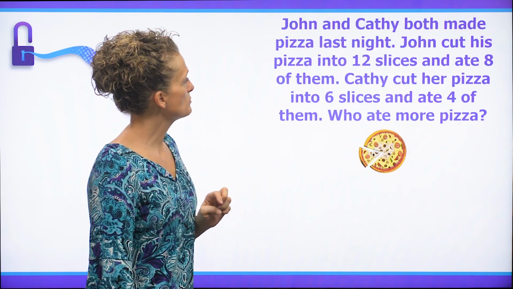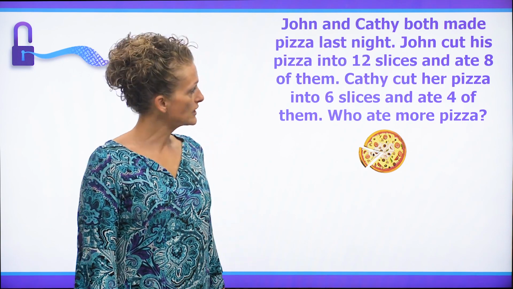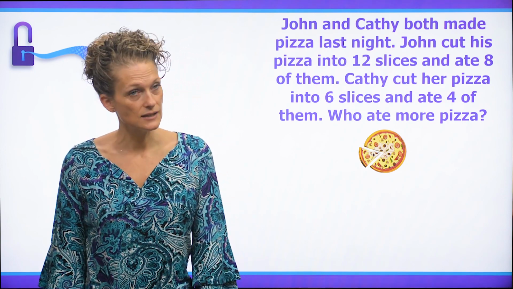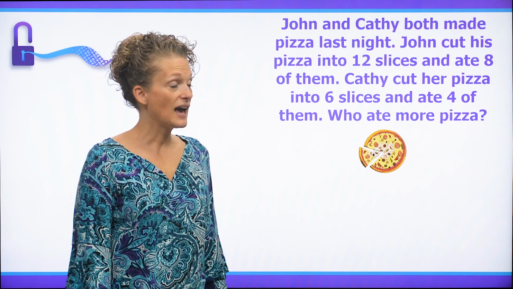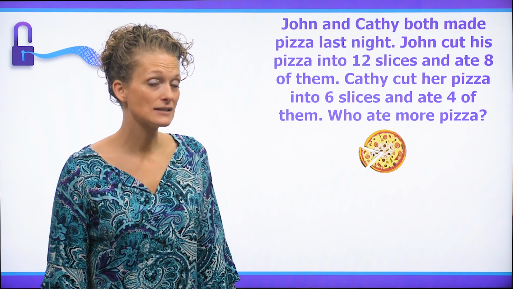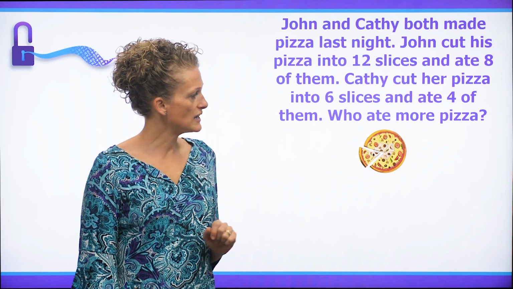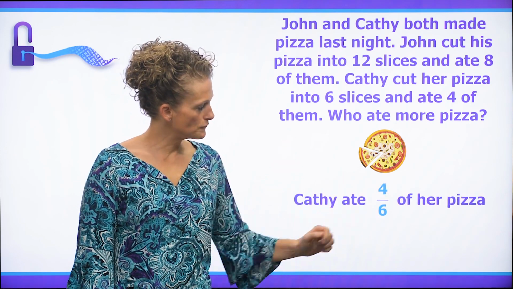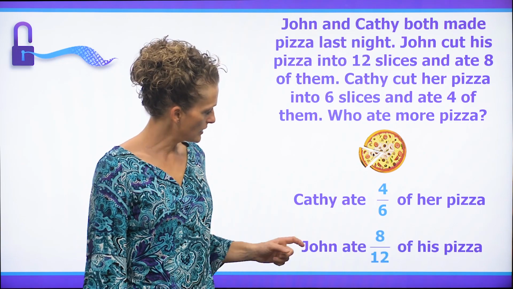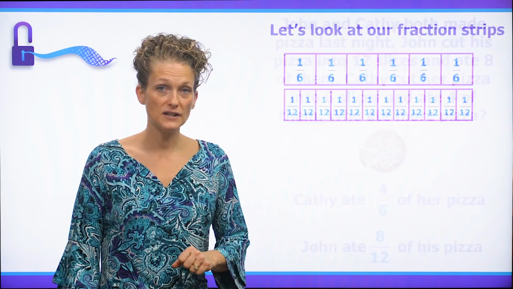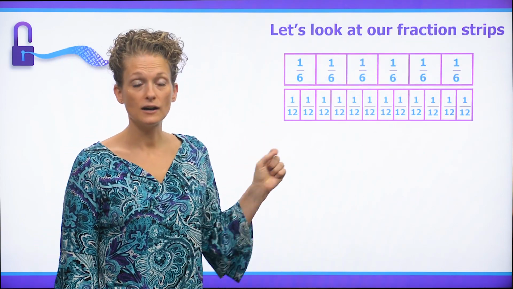Now, John and Kathy both made pizza last night. John cut his pizza into 12 slices and ate 8 of them. Kathy cut her pizza into 6 slices, and she ate 4 of them. Who ate more pizza? All right, so Kathy ate 4/6 of her pizza, and John ate 8/12 of his pizza. So we're going to look at fraction strips.